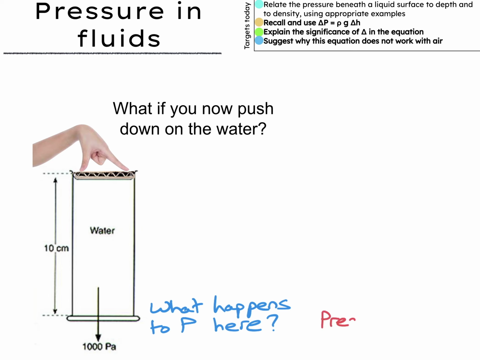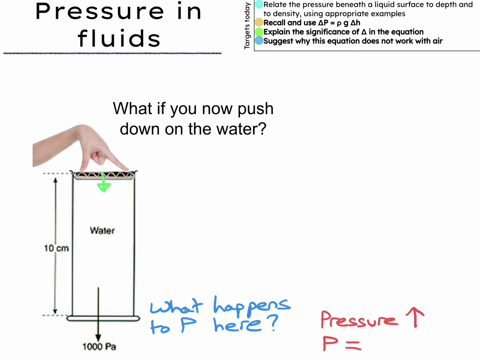Well, it seems fairly clear to me. If you push down on the water, the pressure at the bottom will increase. So, how do we calculate the pressure at the bottom? Have a think. Okay, pause if you want more time.